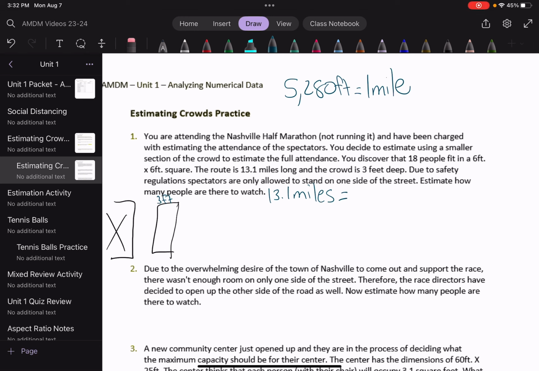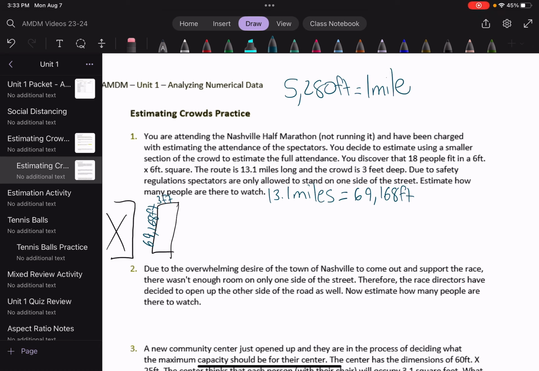So all I'm going to do is 13.1 multiplied by 5,280 to give me a total of 69,168 feet as my length. So I know that these runners are running 69,168 feet. So you've got spectators standing all along the length of this and 3 feet deep.